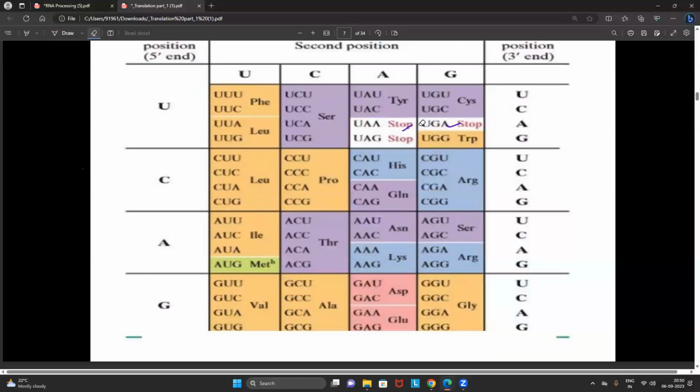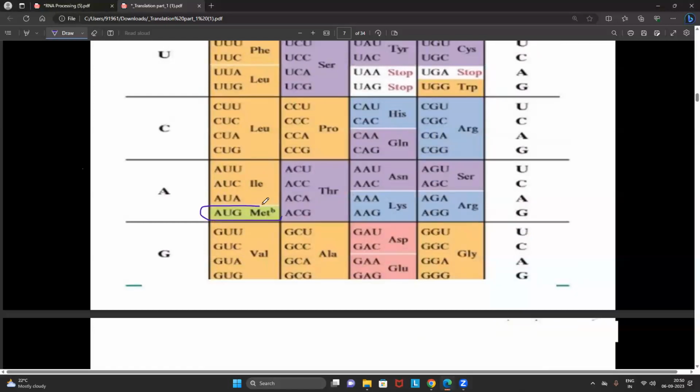Now, friends, AUG. My simple question to all the students: do you think AUG can code for methionine in all the organisms?